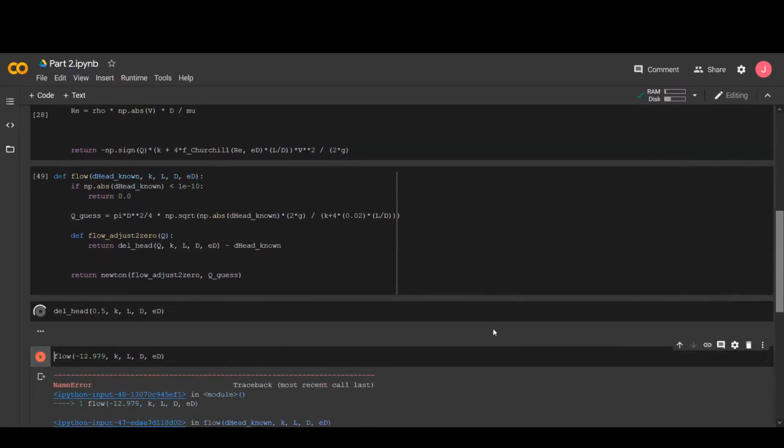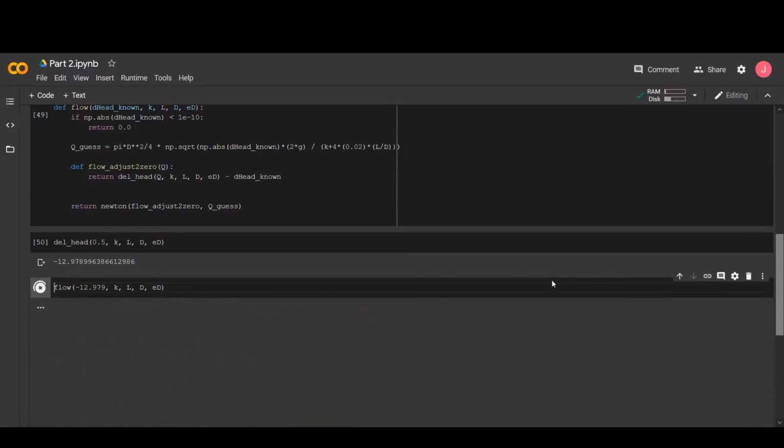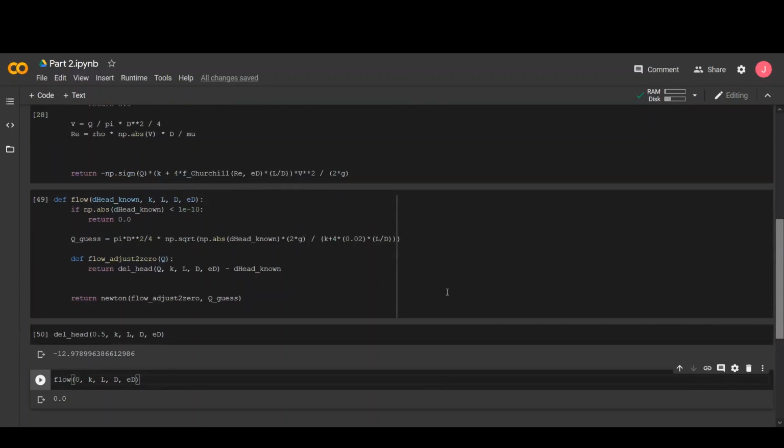So this should work now, I believe. Let's check that out. Okay, that's pretty good. And let's see what happens with a positive, right? And then if we do 0, we should get our 0.0. Perfect. So now we have our two functions.